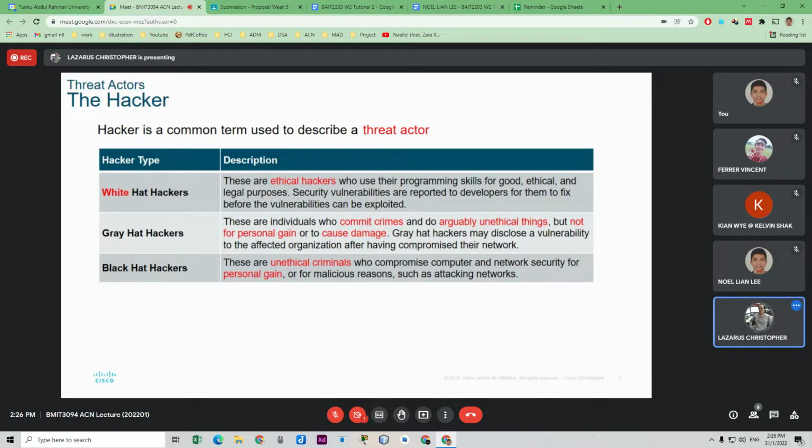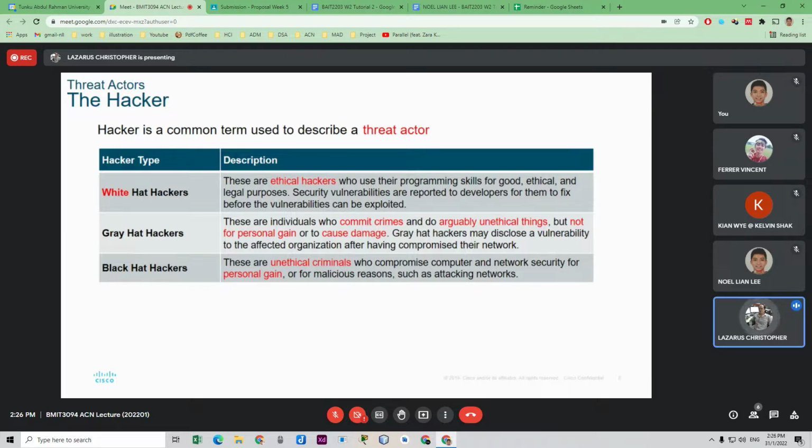In fact, they try to find out security vulnerabilities of your system. But once they find them, they are not going to use them for criminal or unethical use. They will normally inform the owner of that system so the owner can be aware of it and try to mitigate or fix it, right?